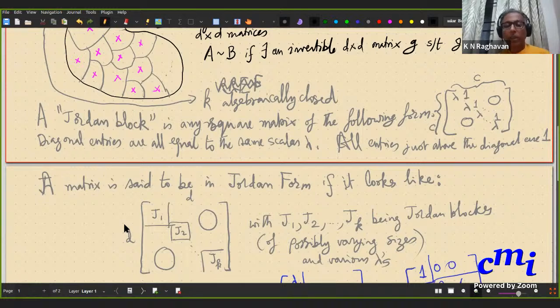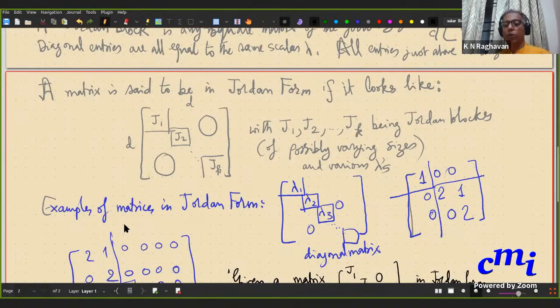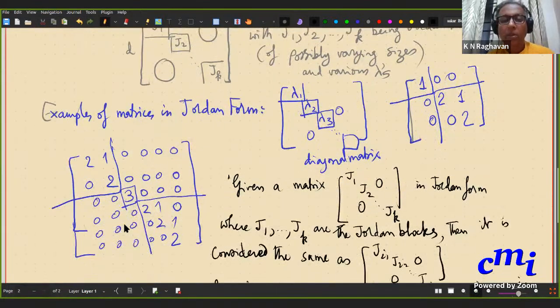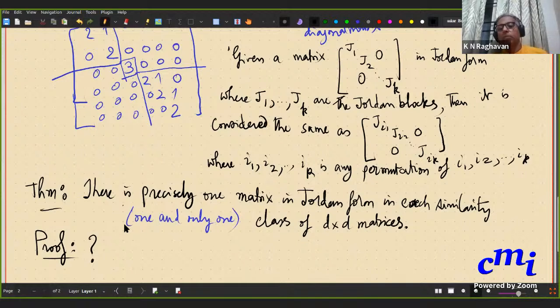Can I write a matrix of that form to which any given matrix is similar? Okay. So the idea here is, are there special cases in which I can prove this? How can I reduce it? That's the question. So when we think of these proofs, I'm afraid the general tendency is to pick up some book, look through the proof, and for lack of a better word, memorize the proof.